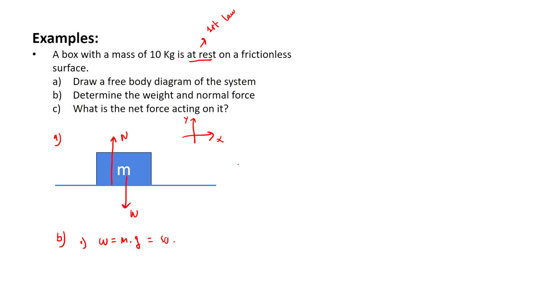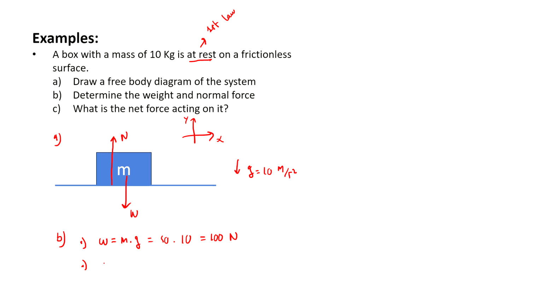If there's no information about G, or gravitational acceleration, we can just insert it as 10 meter per second squared. So it's 10 times 10 equals 100 Newton. So the weight force is 100 Newton.